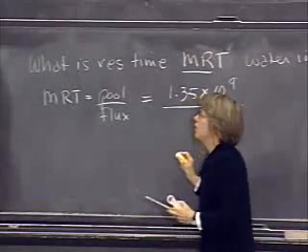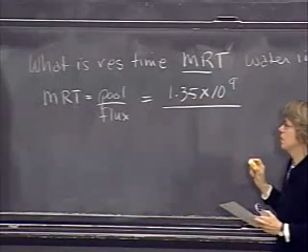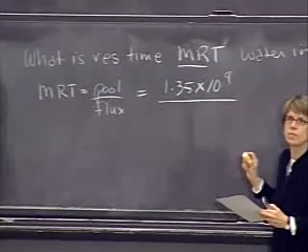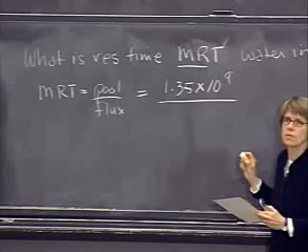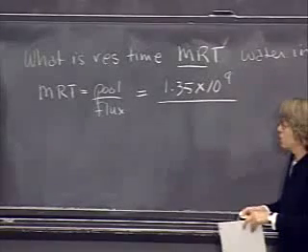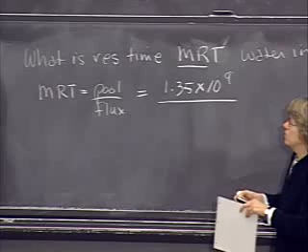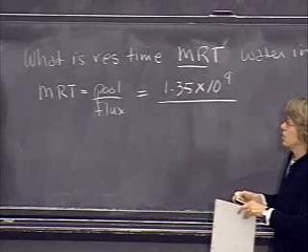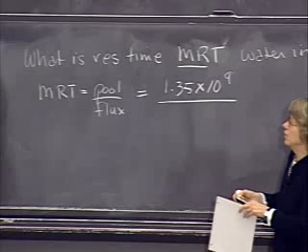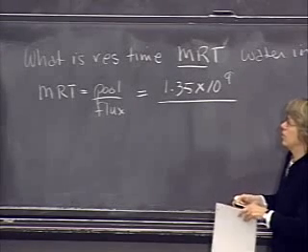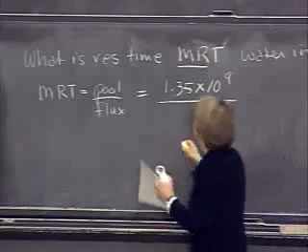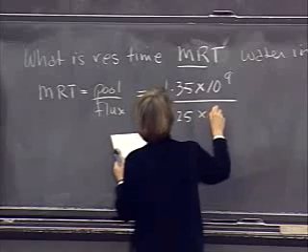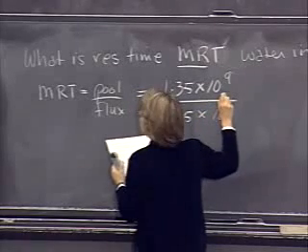And what's the flux? Well, we have 425,000 evaporating, and we have 40 going here. So I would add this and that so it's balanced. So I would use 425, 4.25 times 10 to the 5th.